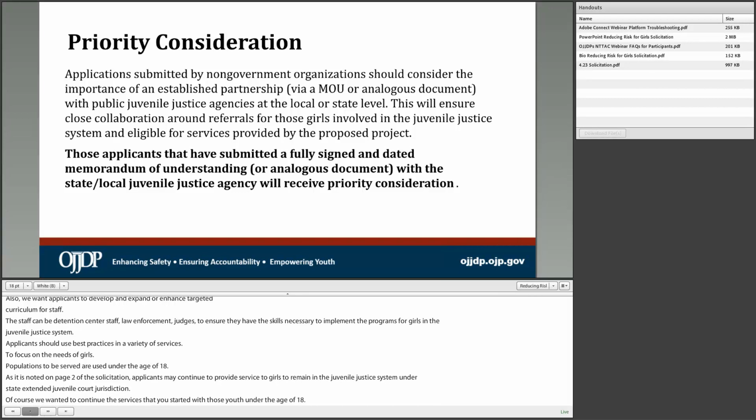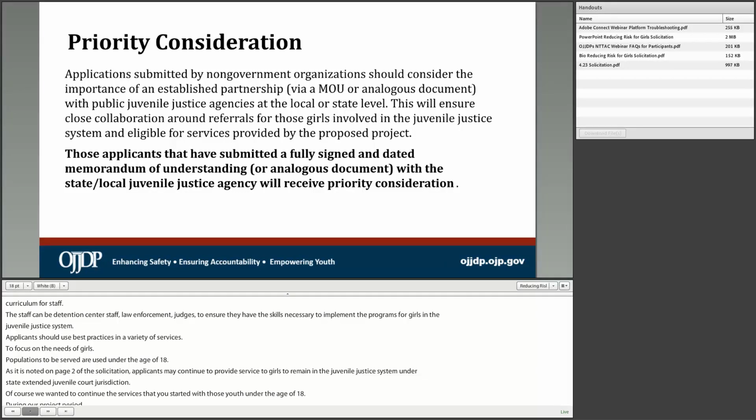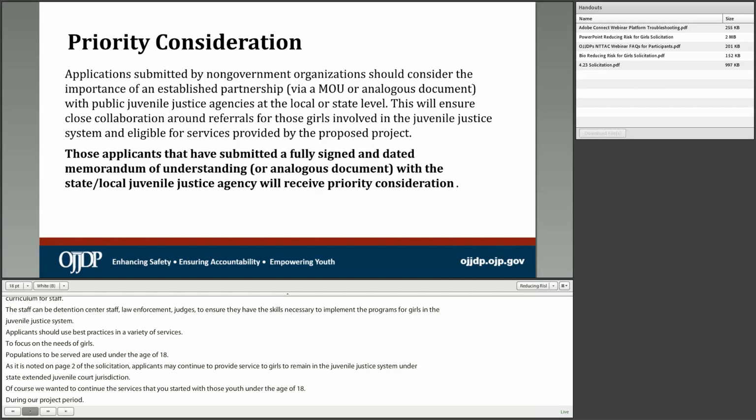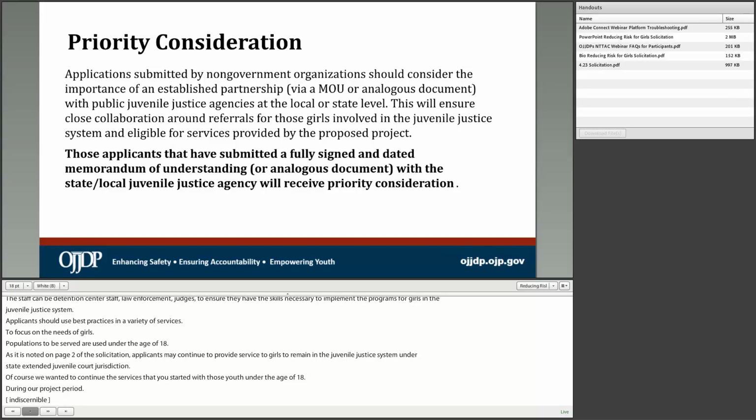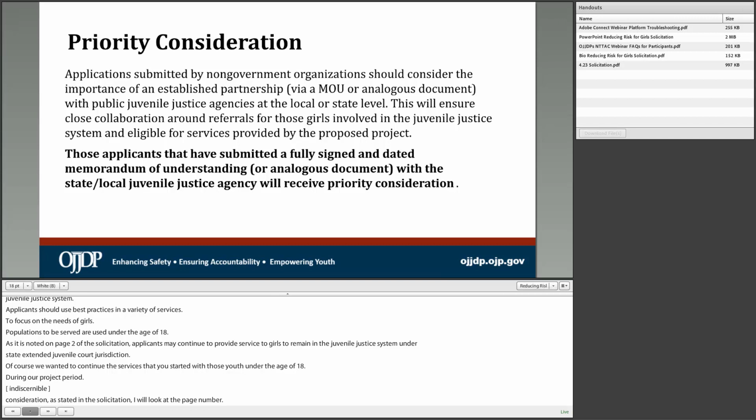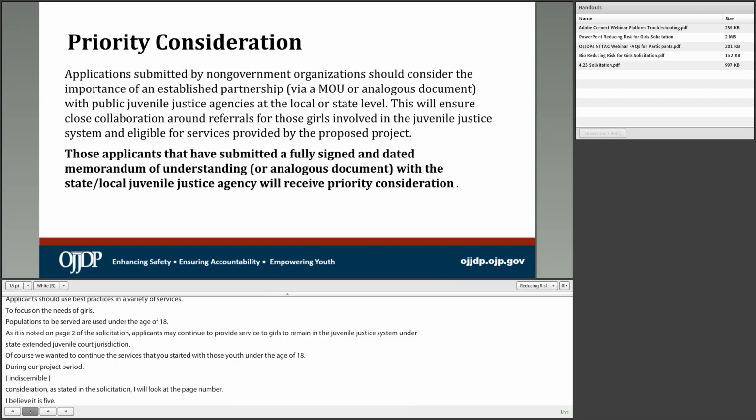So, priority consideration. As stated in the solicitation on, oh goodness, I'm sorry, I'll look at the page number. I believe it's 5 for priority consideration. Yes, page 5, applicants that are submitted by non-government organizations should consider the importance of an established partnership.